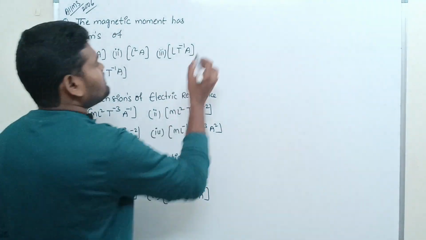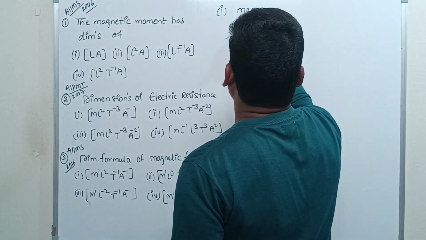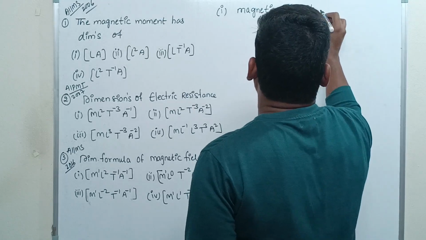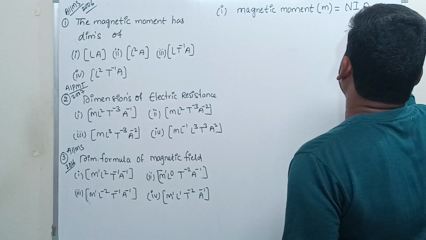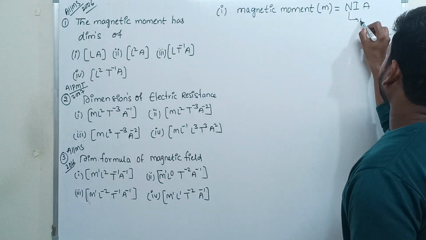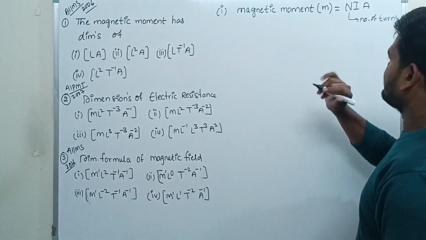The first one is what? Magnetic moment. So the formula for magnetic moment is NIA. Magnetic moment is equals to what? NIA, where N tends to number of turns. In second year, you will get magnetic moment.